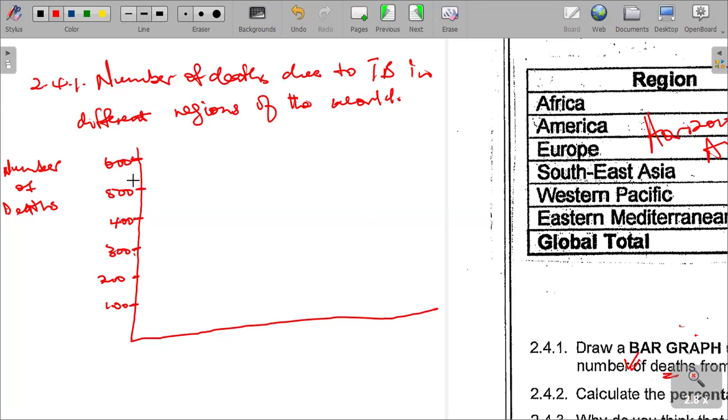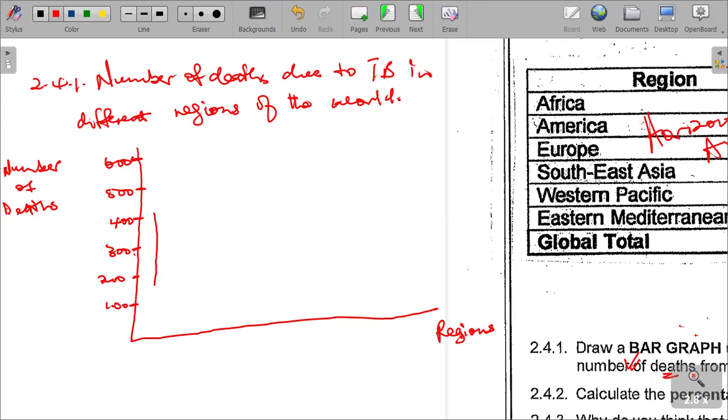On the horizontal axis, I said we have the regions. Africa has got 430. So I make Africa 430.